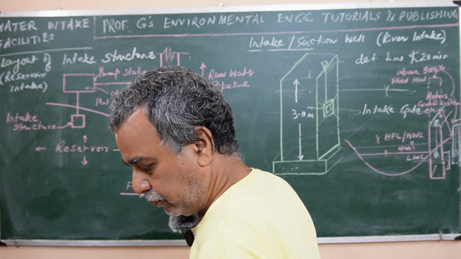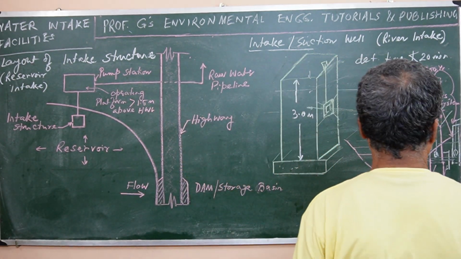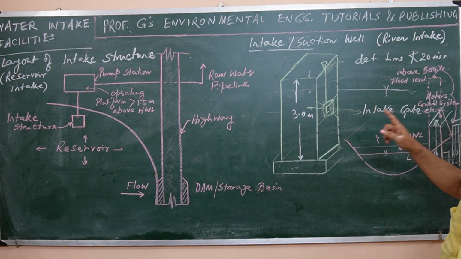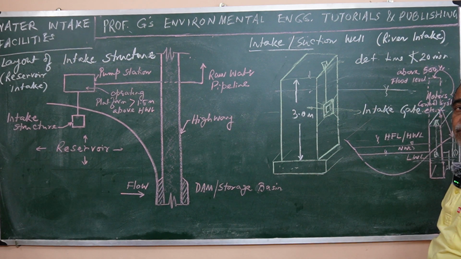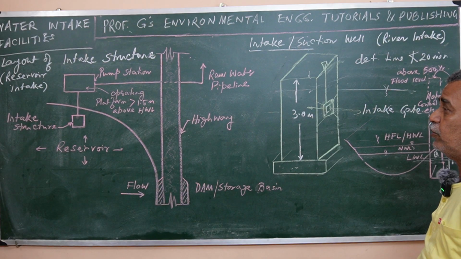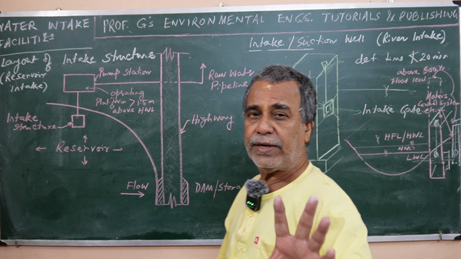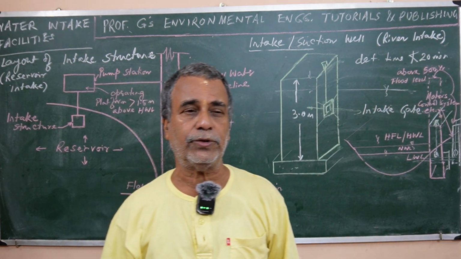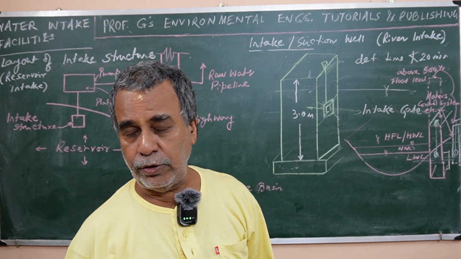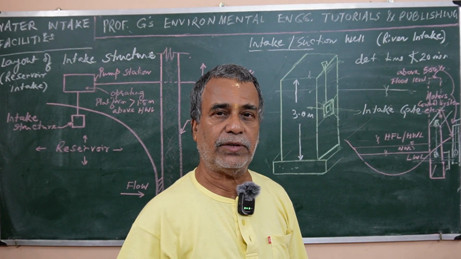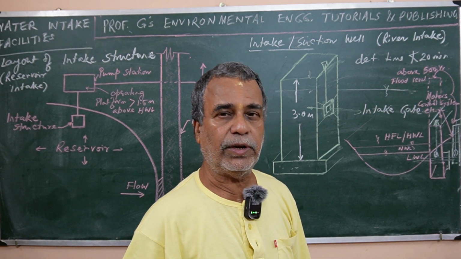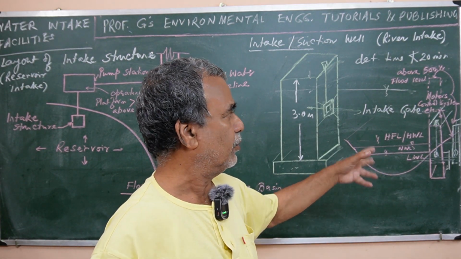to the water treatment plant, because it is surface water. As it is surface water, it needs a rigorous, standard, conventional treatment. We will go for the conventional treatment, and when we discuss water treatment, at that time we will discuss the treatment also.